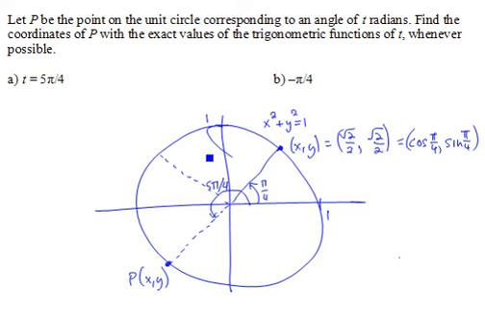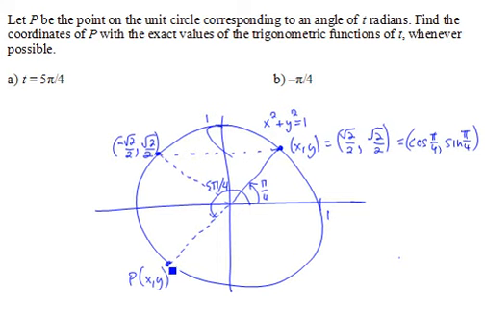By the symmetry in the diagram, we see that the x-coordinate for this point should be the opposite of the x-coordinate for the point in the first quadrant corresponding to an angle of pi over 4. So this x-coordinate is negative square root of 2 over 2. The y-coordinate, however, is the same, and that will just be the square root of 2 over 2. Now that's for the angle in the second quadrant.